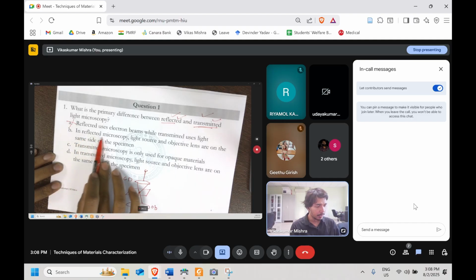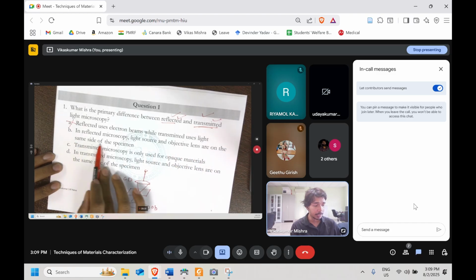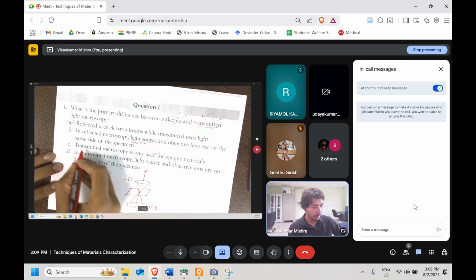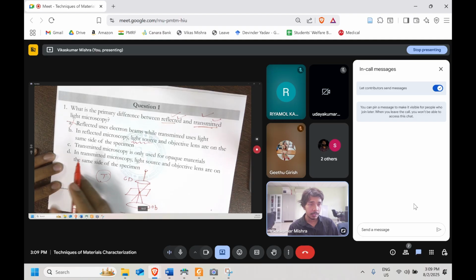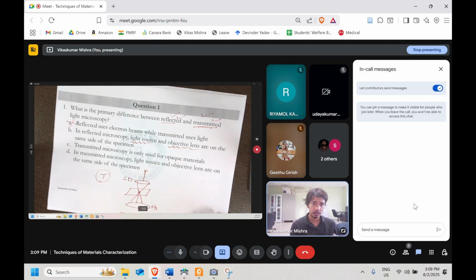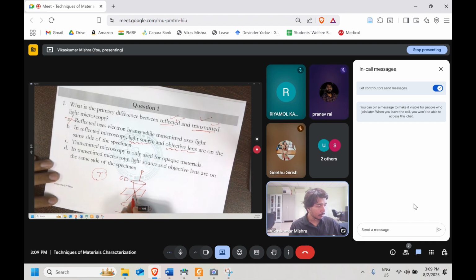Second, in a reflected microscope, the light source and the objective lens are on the same side of the specimen. Is it true? In the reflected mode, the condenser condenses the light over the specimen.